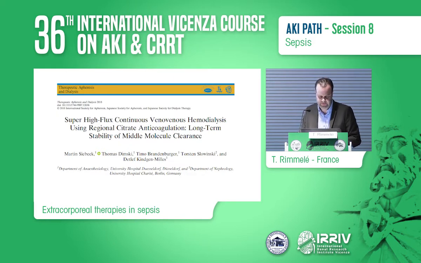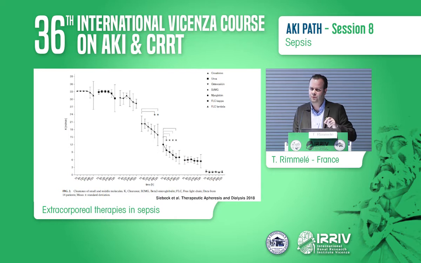That was actually shown by the team of Detlef Kindgen-Milles in Germany. They looked at, I think it was 15 patients, and they ran super high flux continuous hemodialysis, and then they found that the solute clearances were quite high. Not only for small molecules, urea and creatinine, but also for middle molecules.